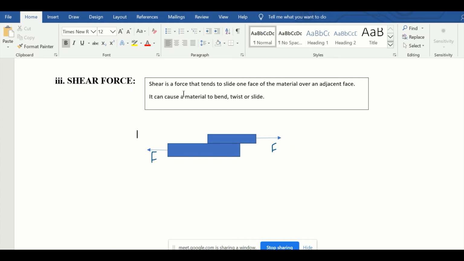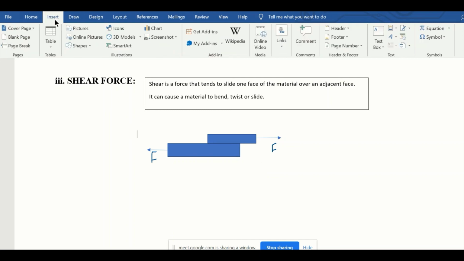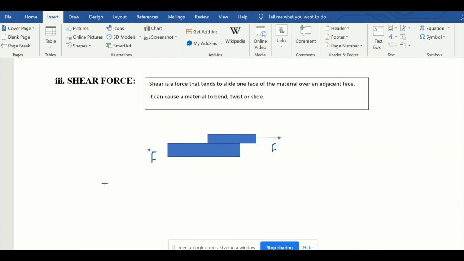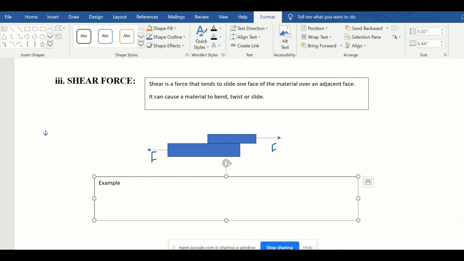Now, I will give us two examples again of a shear force. I'll give us familiar examples. One example that comes to mind for a shear force is a guarding shear.